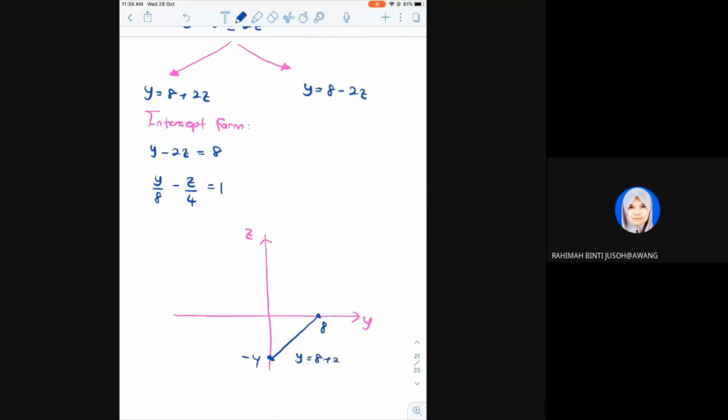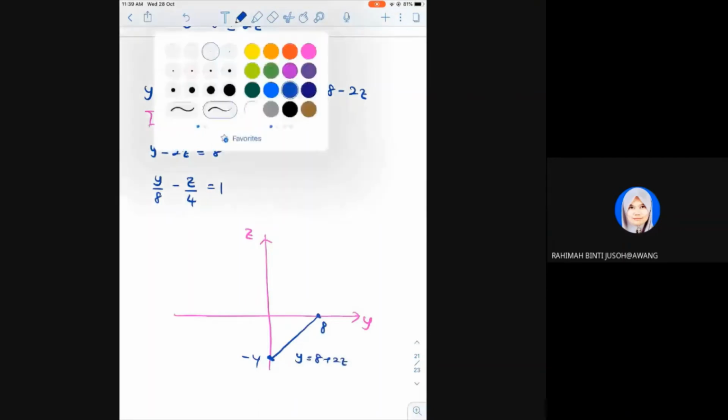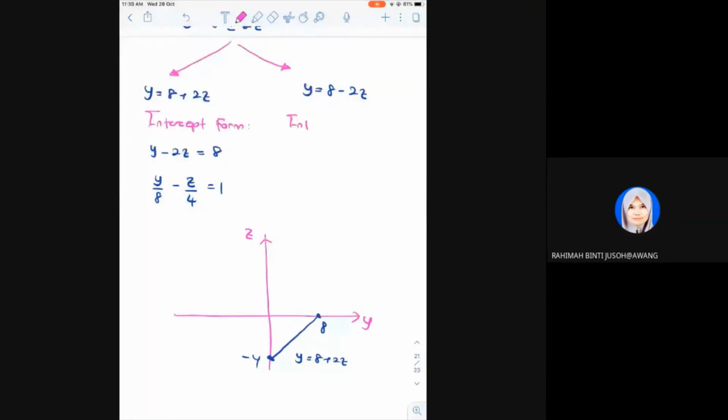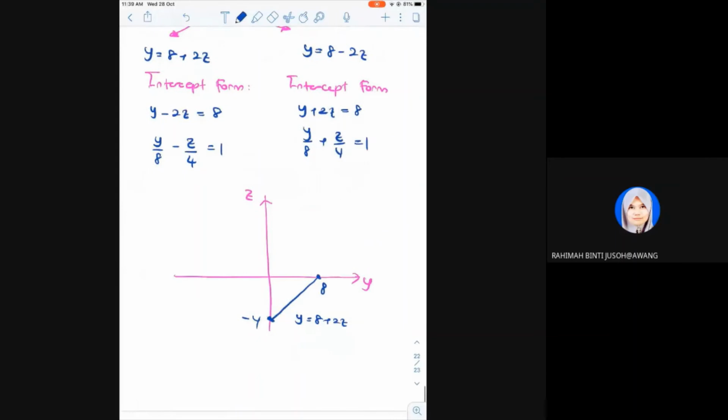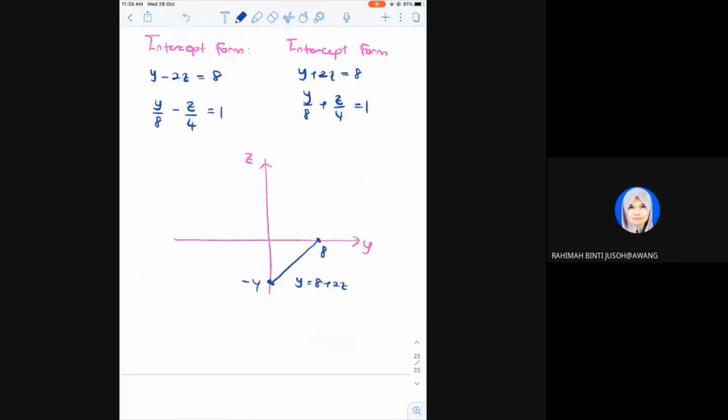Lagi satu ni, intercept form yang kedua ni. Dia jadi y plus 2z equals to 8. So y over 8 plus z over 4 equals to 1 kan? So y equals to 8 settle lah. Z equals to 4.